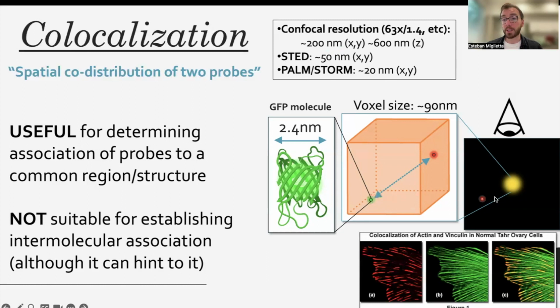So what seems to be two molecules in the same place can mean two molecules that are close together, within, for example, a 90 nanometer limit, but very far apart in terms of their own sizes.